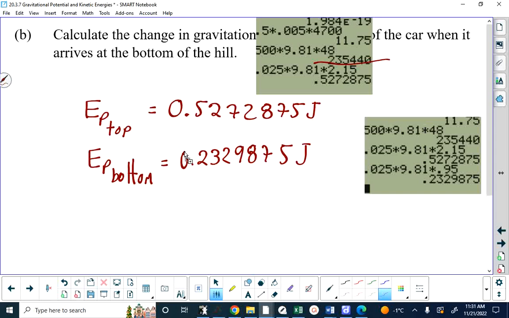So if I look at the change, top to bottom, remember, change in energy is always final minus initial. So we have to take the energy at the bottom and subtract the energy at the top.